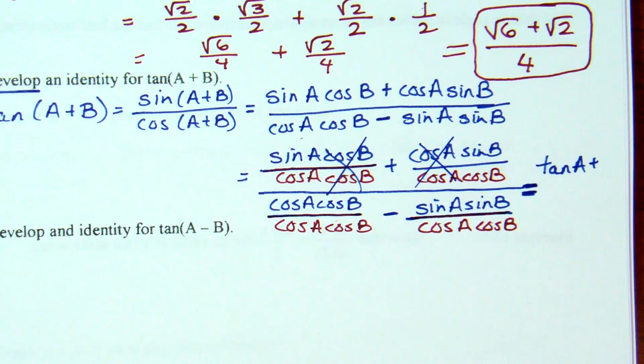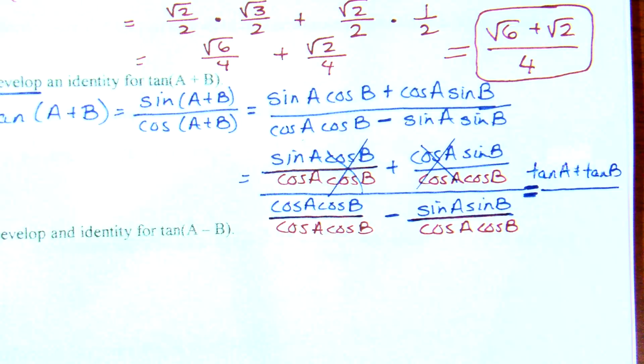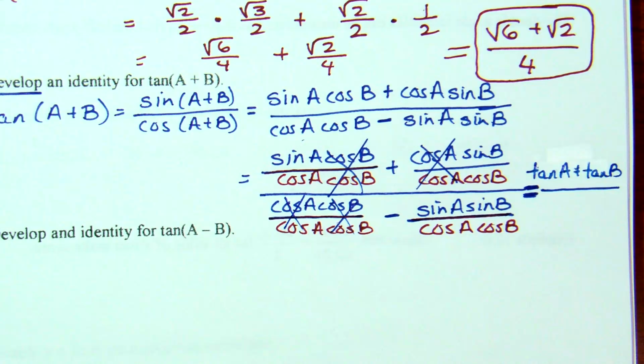So your numerator is tangent A plus tangent B. Denominator. What happens with cosine A, cosine B divided by cosine A, cosine B? They all cancel. What remains? 1. Minus. Okay. Anything cancel in the next one?